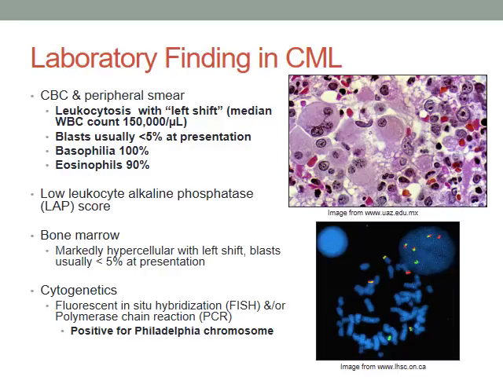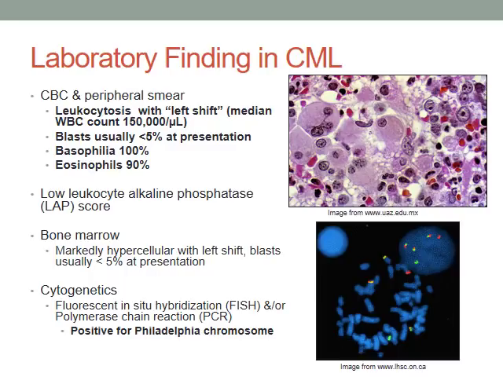Providers should also consider doing a leukocyte alkaline phosphatase score to help differentiate between a malignancy versus an infection. If the LAP is elevated, this would indicate that there is an infection. In the case of a malignancy, the leukocyte alkaline phosphatase will actually be low.